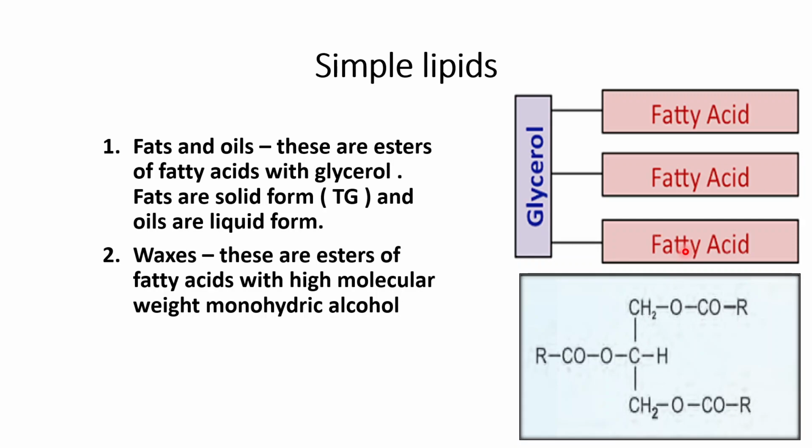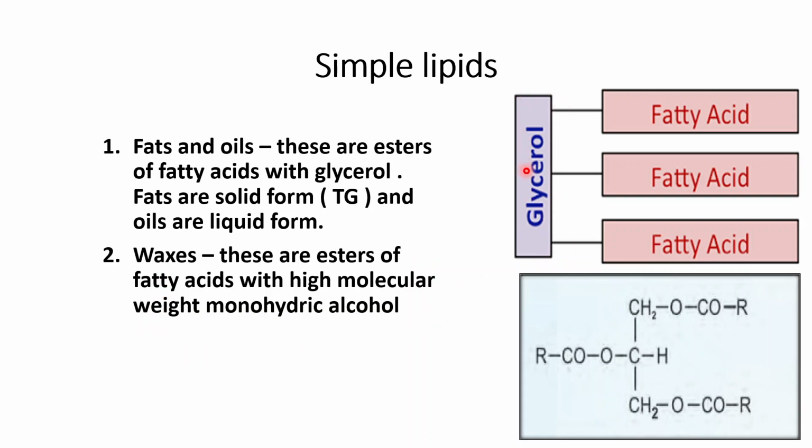Now if it is a fat, if it is a solid form, it is called triglycerides. If it is a liquid form, it is called oil. That is the difference between fats and oils. Now, what are waxes? Waxes are esters of fatty acid with high molecular weight monohydric alcohol.